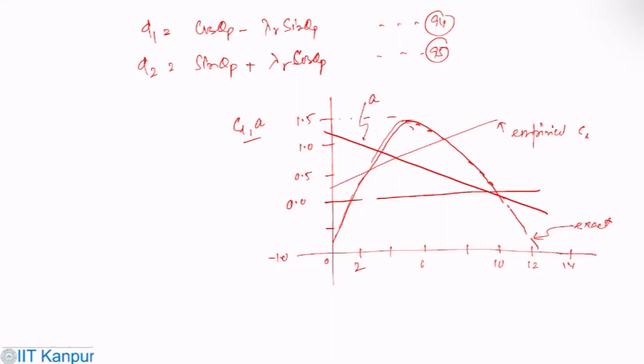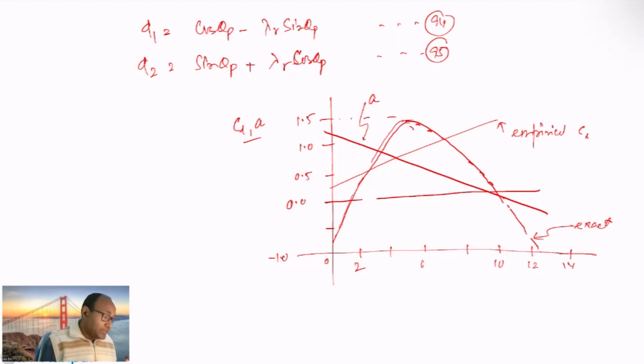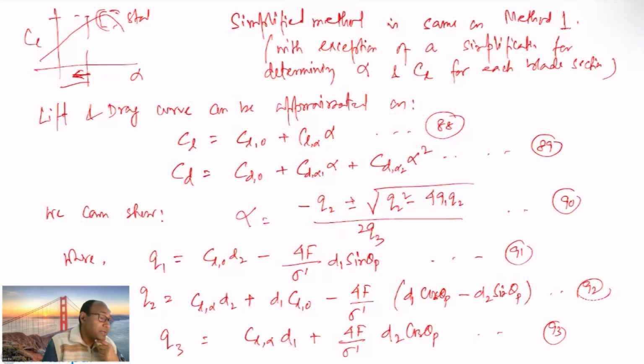So what happens is that using this approach, the angle of attack can be calculated using the given equations. Once you have the initial estimate, then you can calculate the tip loss factor also. And then again, you can use these equations to calculate the CL, drag coefficients, and lift coefficients, all this.